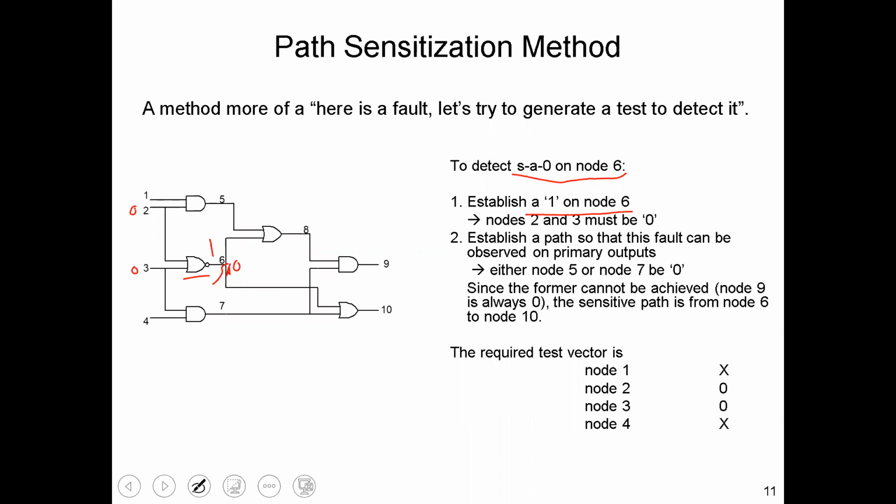And then we will try to establish a path so that this fault can be observed on the primary output, either node 9 or node 10. We want to propagate this 1 at node 6 to the output.